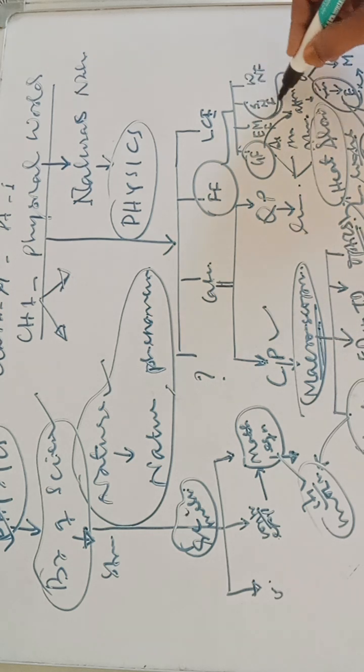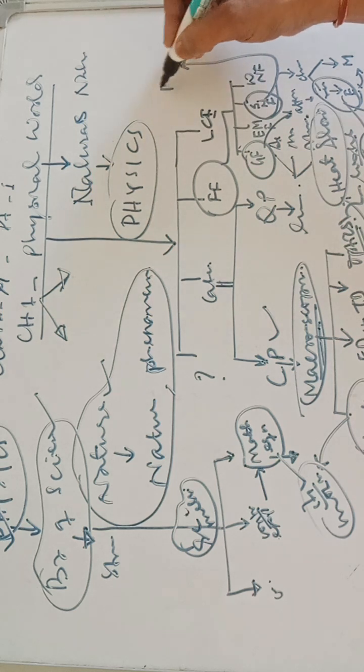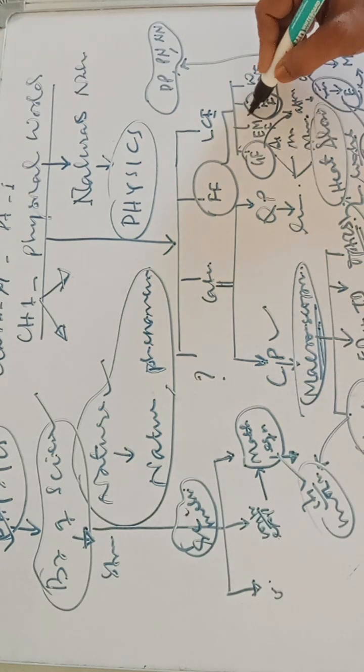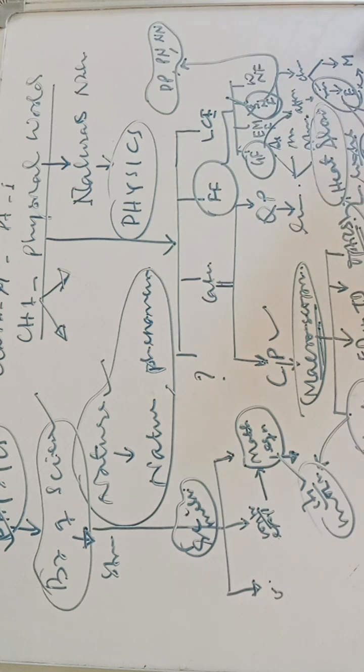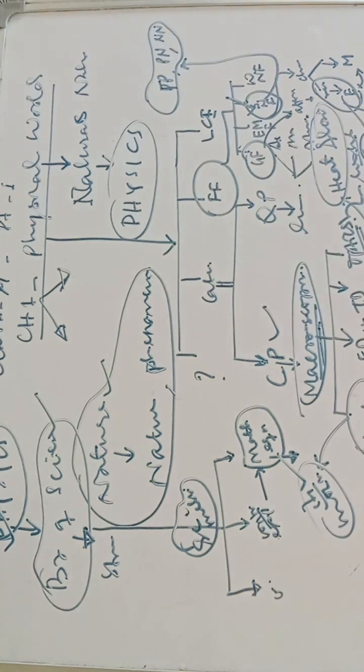Now, strong nuclear force is the force between proton and proton, proton and neutron, and neutron and neutron. That means inside the nucleus, protons and neutrons are bound due to the strong nuclear force, in spite of the repulsive force between protons.